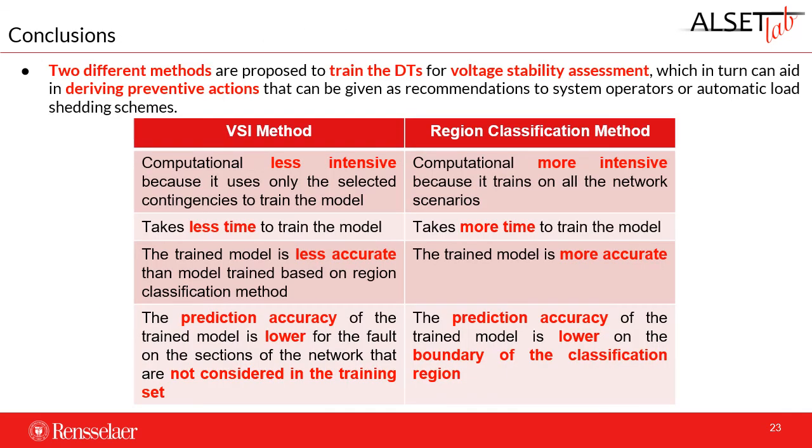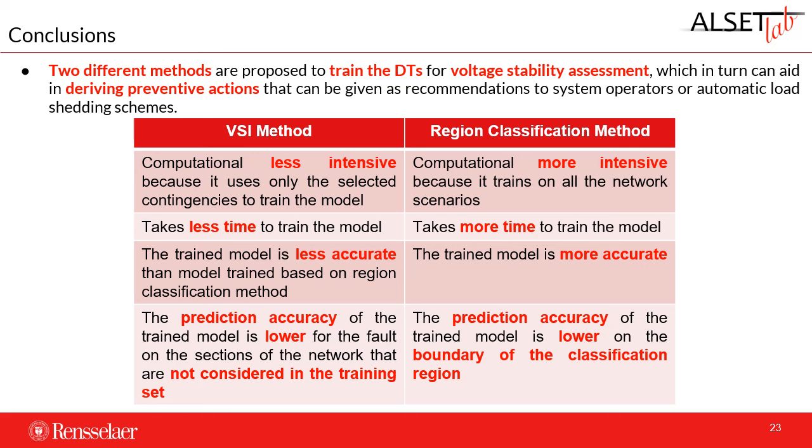To conclude, we have given 2 different methods which can be used to train decision trees in order to perform voltage stability assessment. And this can, of course, help to derive preventive actions that can be given as recommendations to system operators or be used as part of automatic load sharing schemes.